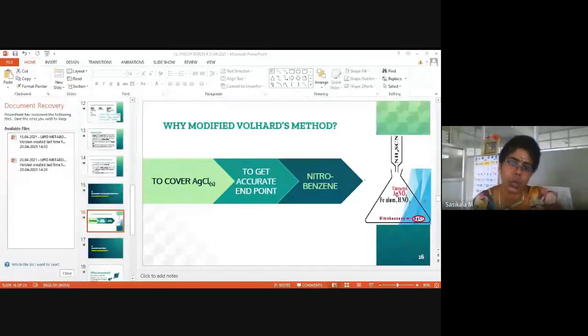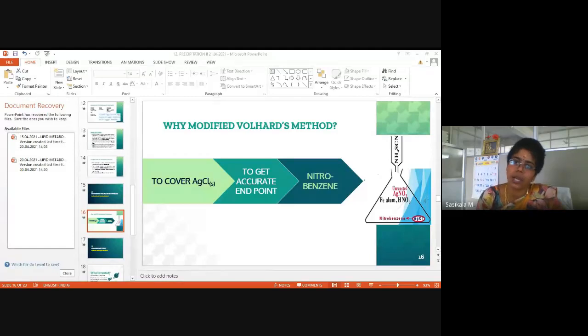We should not allow that reaction, so it is covered with nitrobenzene. We are protecting that precipitate because our chloride sample is present in that precipitate. If we want to quantify the chloride present along with the precipitate accurately, then we need to cover that precipitate.